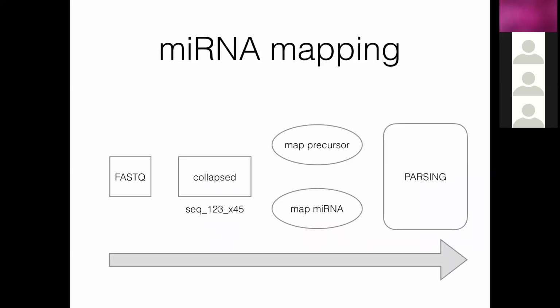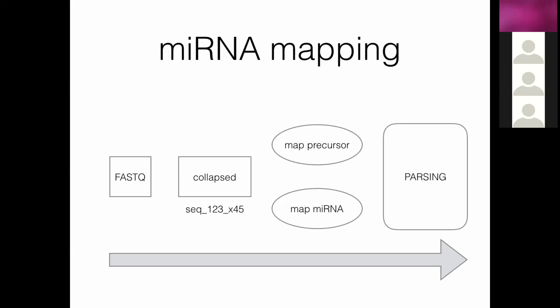Normally there is kind of a standard notation: an X, then the count of this sequence, and in the middle an ID that could be a number or whatever. So you reduce a lot the number of sequences to map, because a small RNA sample is not that complex. And then normally people map to the mature microRNA directly, or map to the precursor.